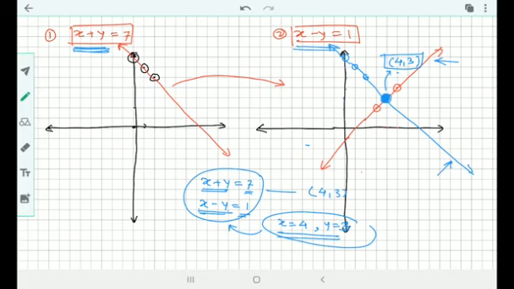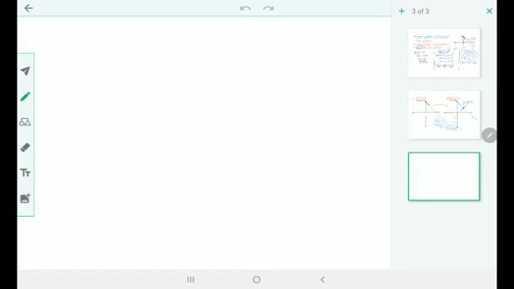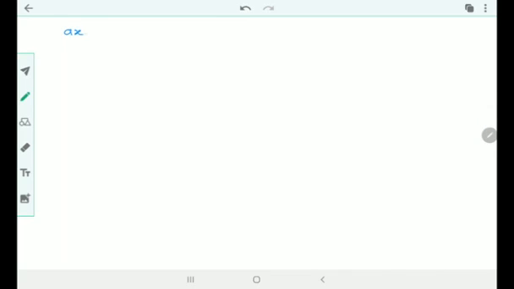Before we go for understanding and solving them, let us first understand the definition or standard form of linear equation in 2 variables. So linear equation in 2 variables has a standard form like ax plus by plus c is equal to 0. You can easily understand it's linear as the power is 1 and it's in 2 variables. We call it linear equation in 2 variables.